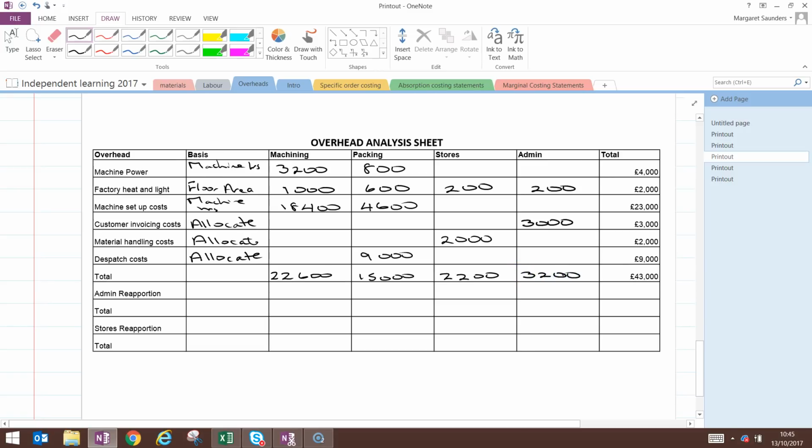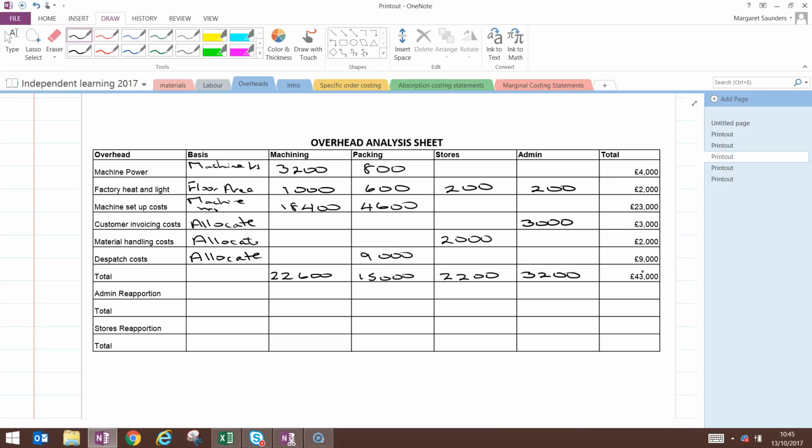And do a final cross check. 22,600 plus 15,000 plus 2,200 plus 3,200 should come to £43,000.